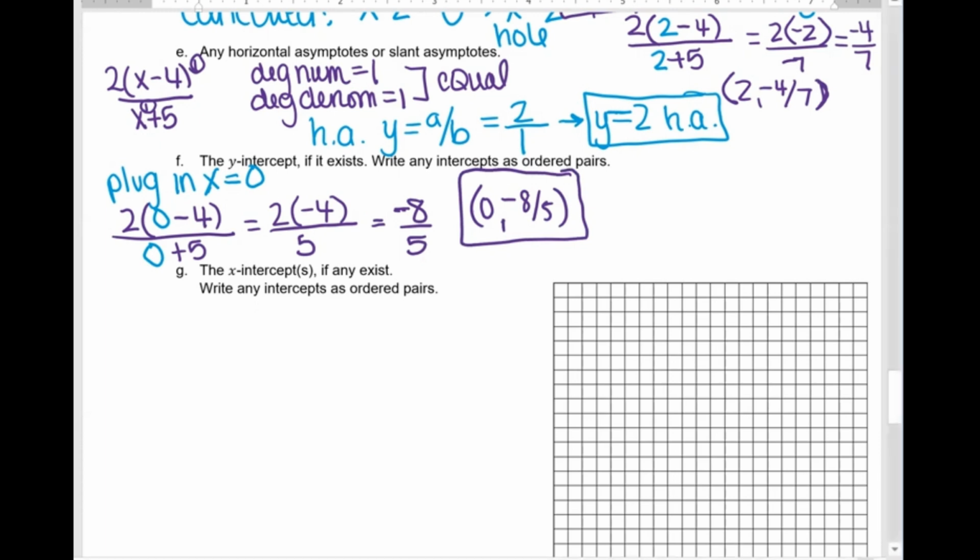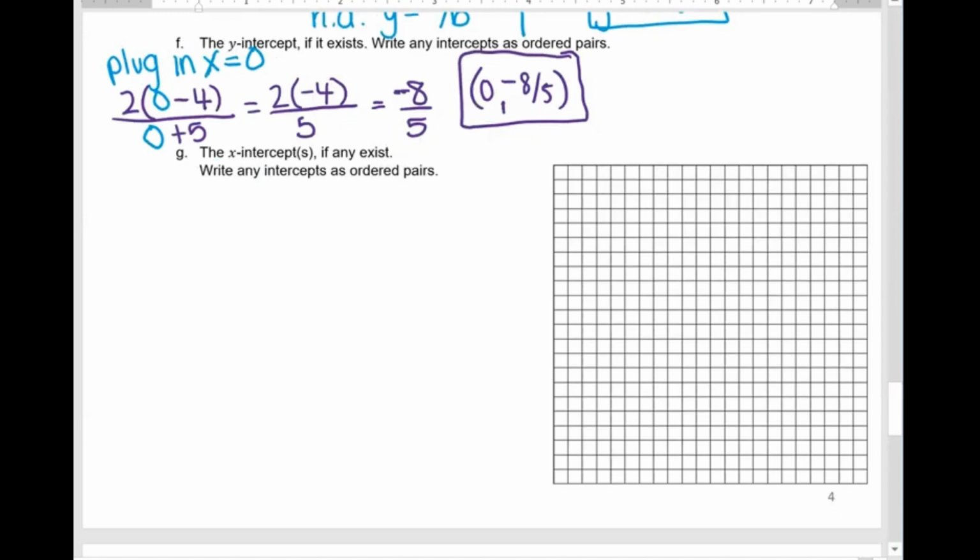To find our x-intercept, remember we're going to set the numerator equal to 0. So we're going to take 2 times x minus 4 equal to 0.